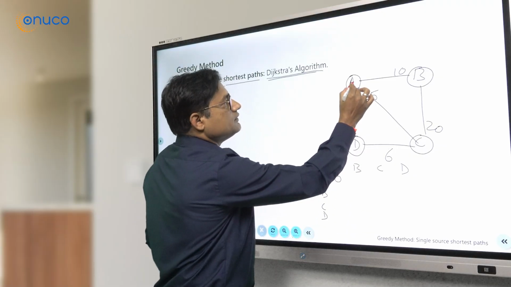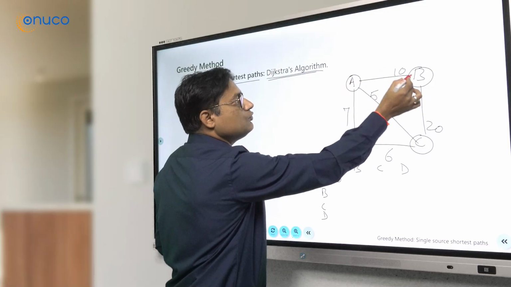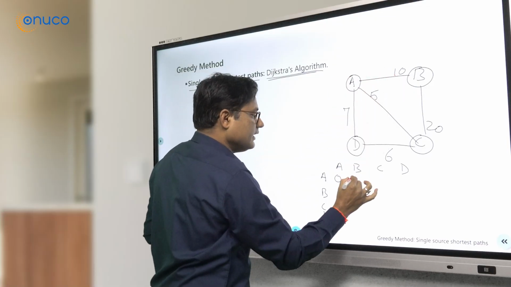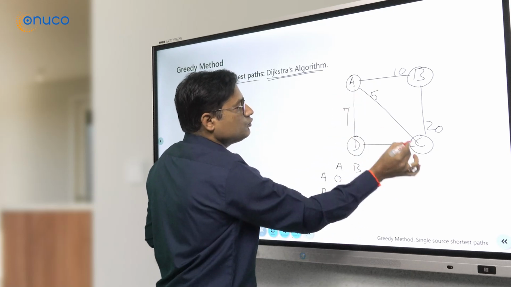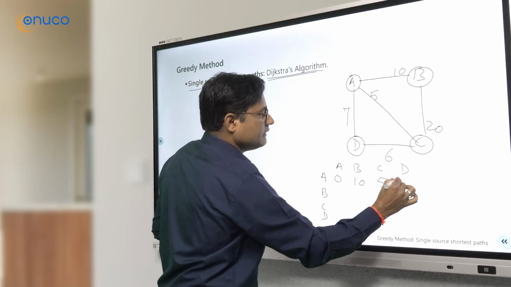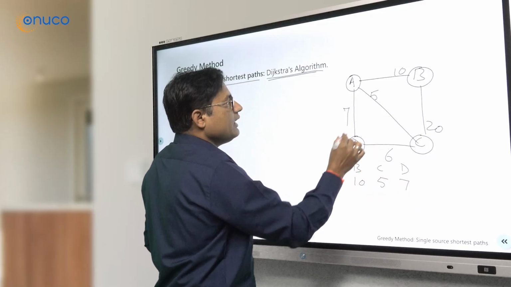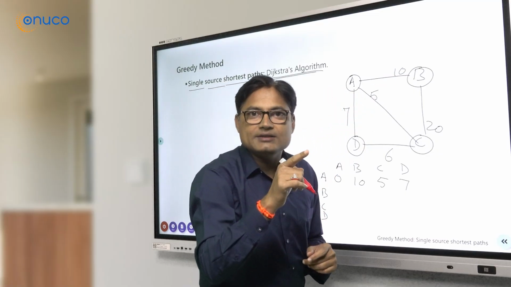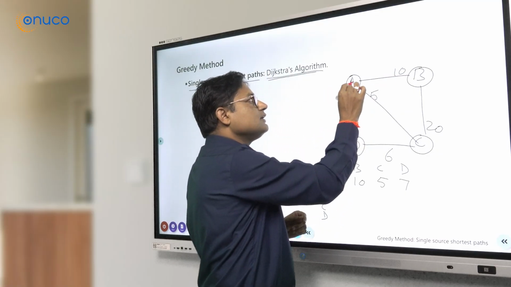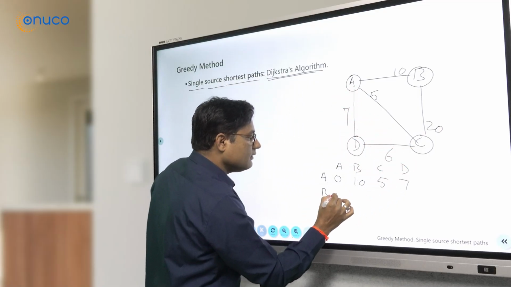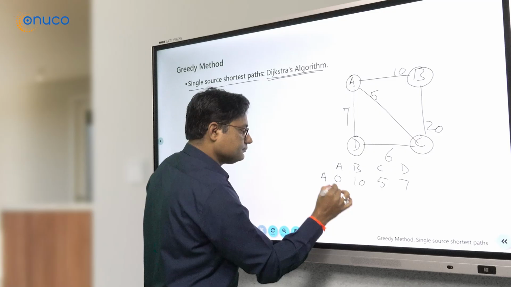A to B, since it is an undirected graph, A to B and B to A distance are the same. So A to B is 10, A to C is 5, A to D is 7. Since there is no direction on the edge, B to A is also 10.